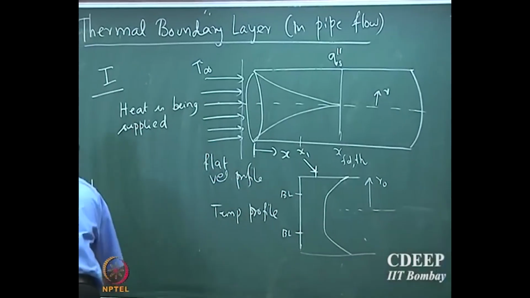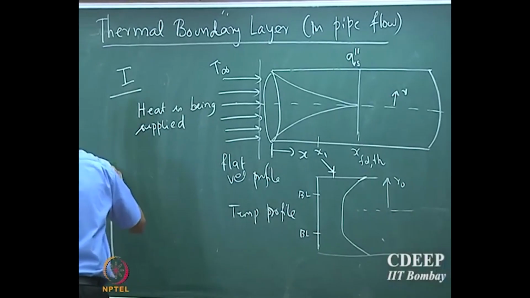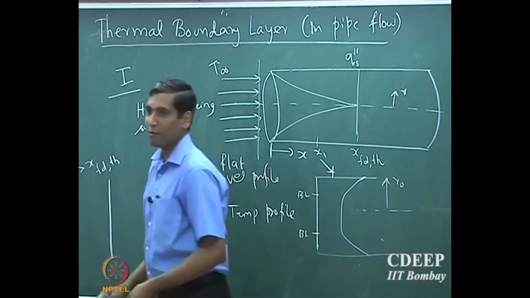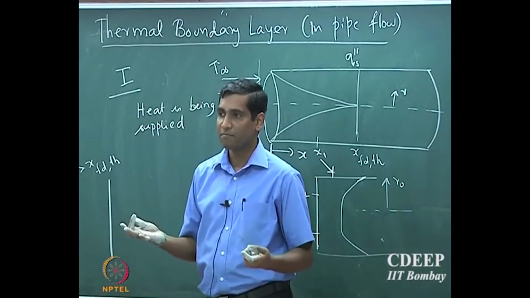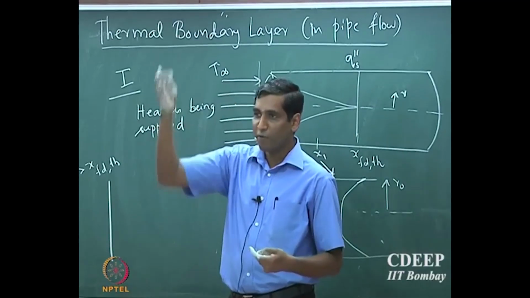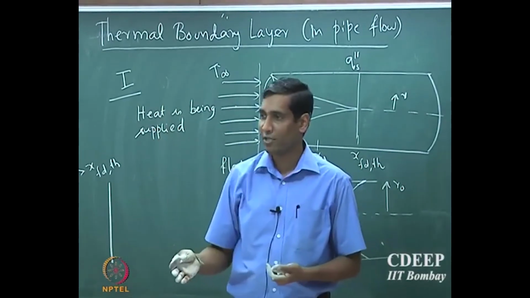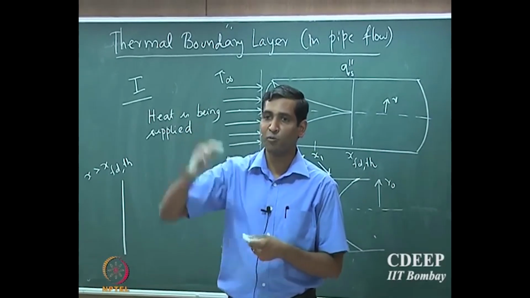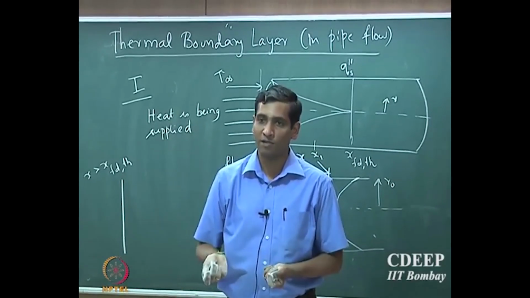So supposing I have x greater than the fully developed location, there is no boundary layer, okay, because the fluid particle at every location in the cross section is now experiencing the presence of heat transport from the wall or to the wall, okay.